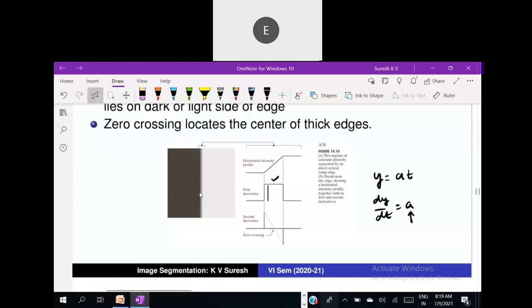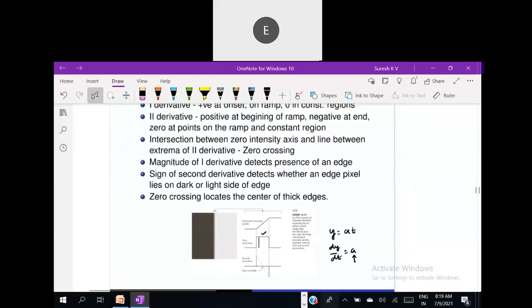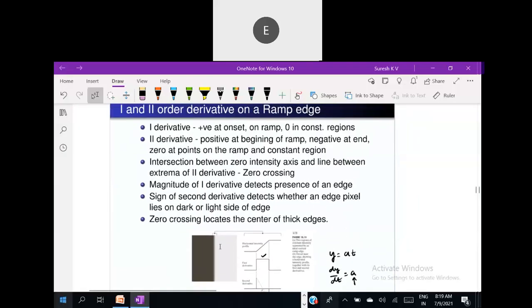Now let us try to understand each one of them and also compare it with the results. What you notice is that the first derivative at the onset of the ramp, the onset meaning the point at which it is starting, is positive. Observe it here: the ramp is starting, so it is positive.